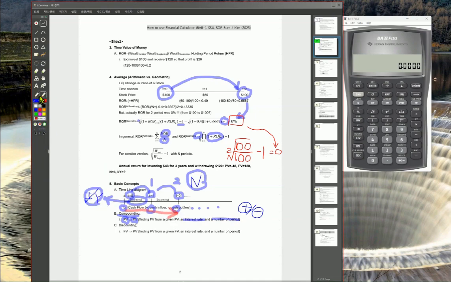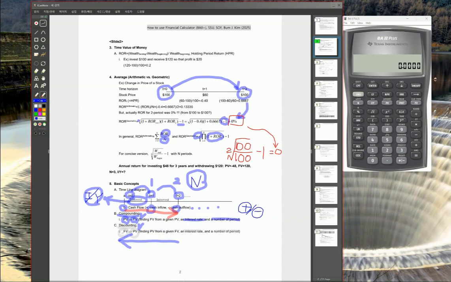Meanwhile, discounting is finding present value from a given future value. For this case, you should have the interest rate and the number of periods also. That we call discounting. So all the time value of money calculations mainly focus on finding present value and future value. In other words, we are doing compounding or discounting.